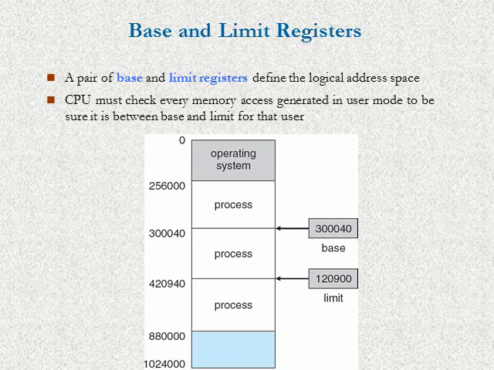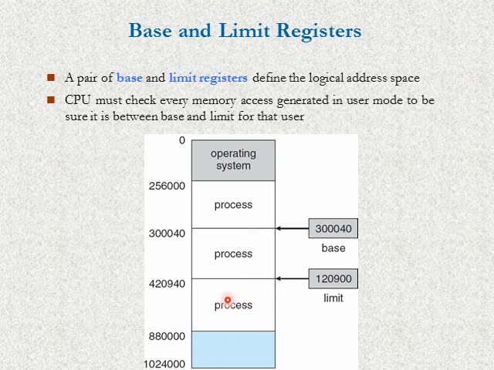So when there is a request for a memory access from a particular process, the CPU must ensure that this access request falls under the limit of the base and limit registers. Over here we have an example. You can see that this is our main memory, and your operating system is already loaded onto this main memory, and over here we have several processes loaded onto this main memory.